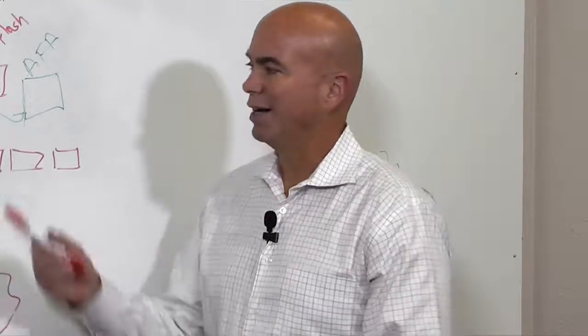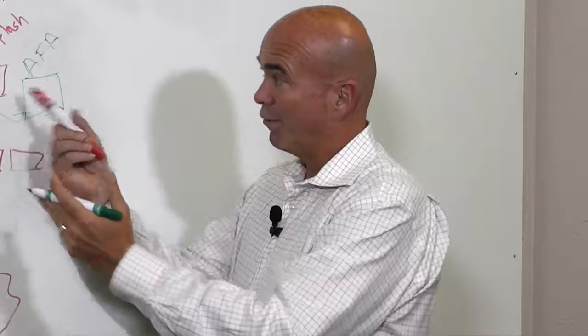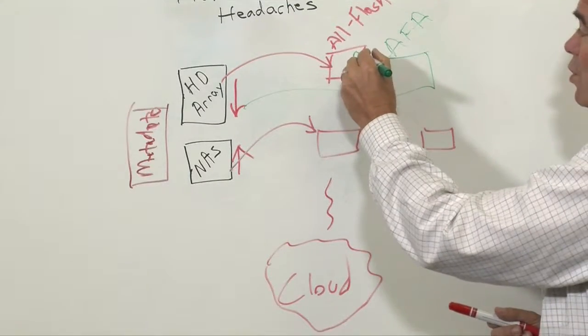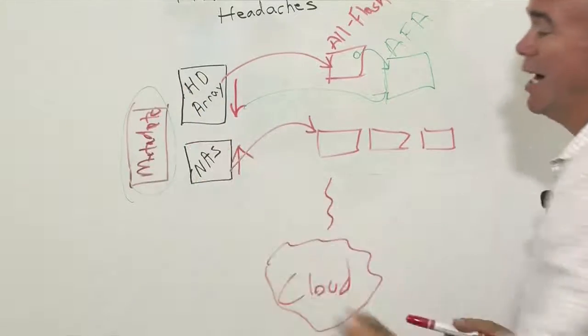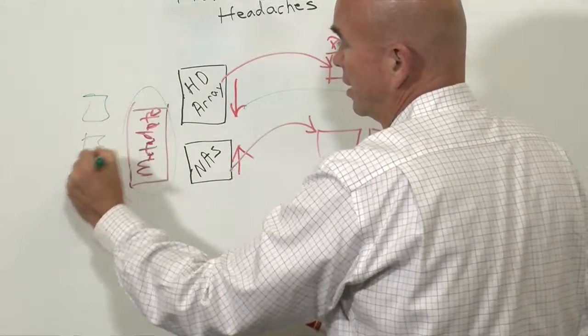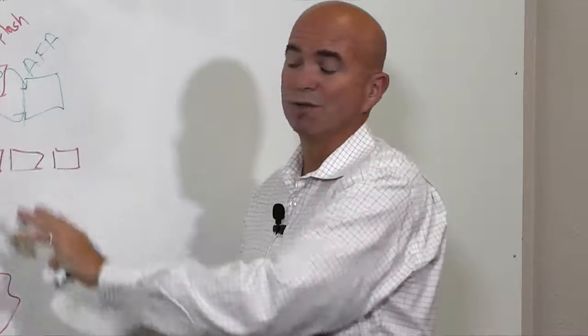I don't need to migrate it necessarily off of the all-flash array. Or if I do need to free up capacity there, I can specifically pick some folders and move them over. And this metadata engine updates all the servers that are out here so they don't have to be changed as a result of doing this, right?